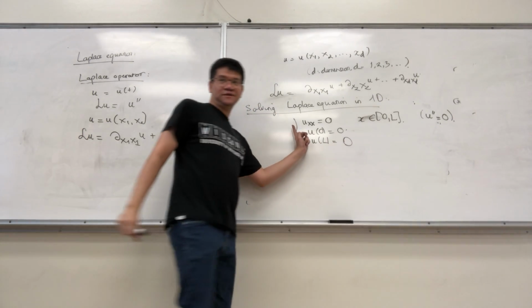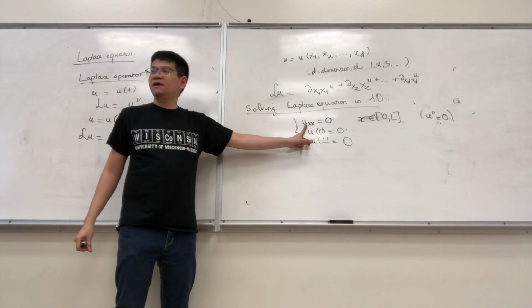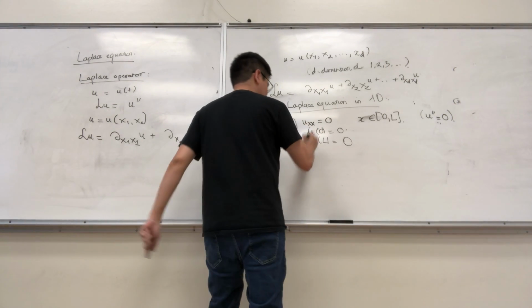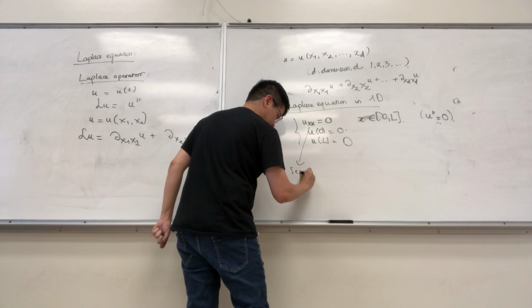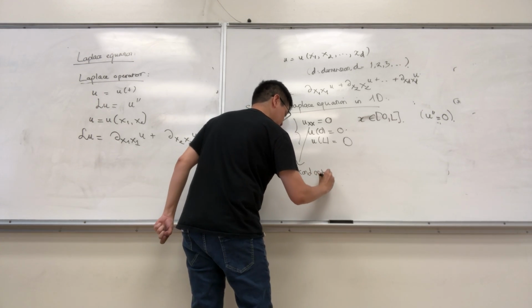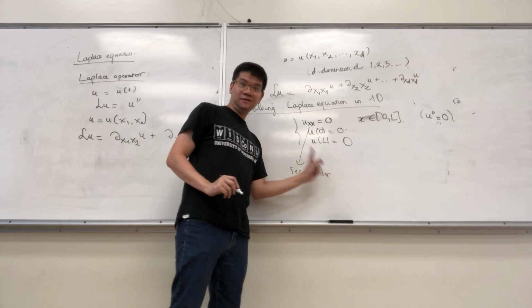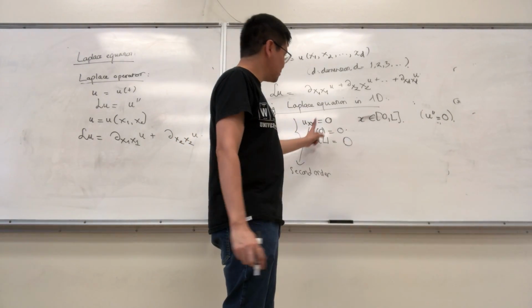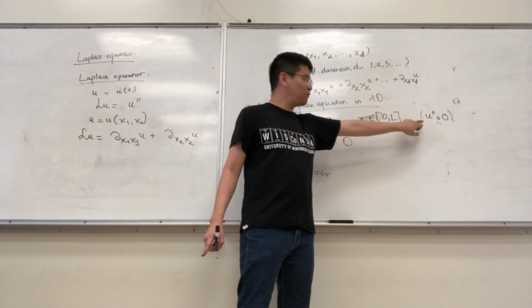So this is second order because you have a second derivative. This is homogeneous because here you have 0, right? And this is linear, right? This is a second order differential equation because you have only one variable.